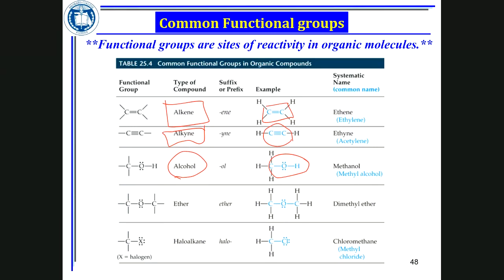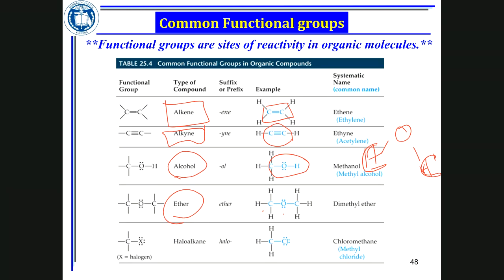Ether, when you have the oxygen attached to two carbons with single bonds, then it's going to be an ether. So basically, if you take the water molecule and replace one of the hydrogens with carbon, it changes to alcohol. If you change both of them to carbon, it would change to ether.